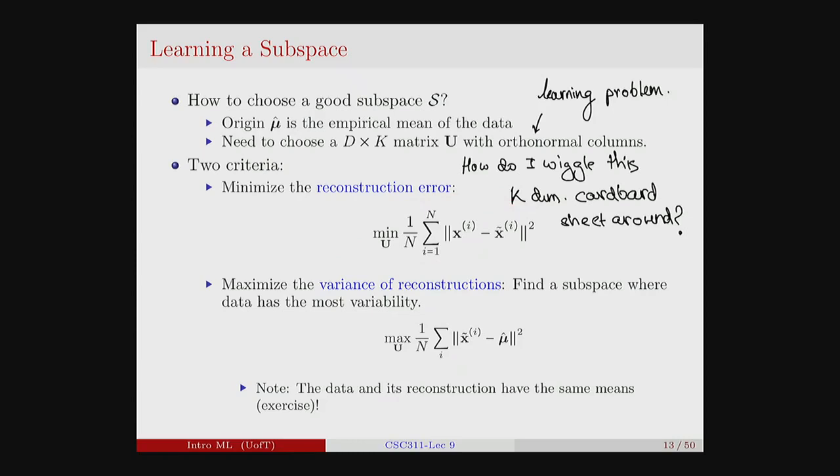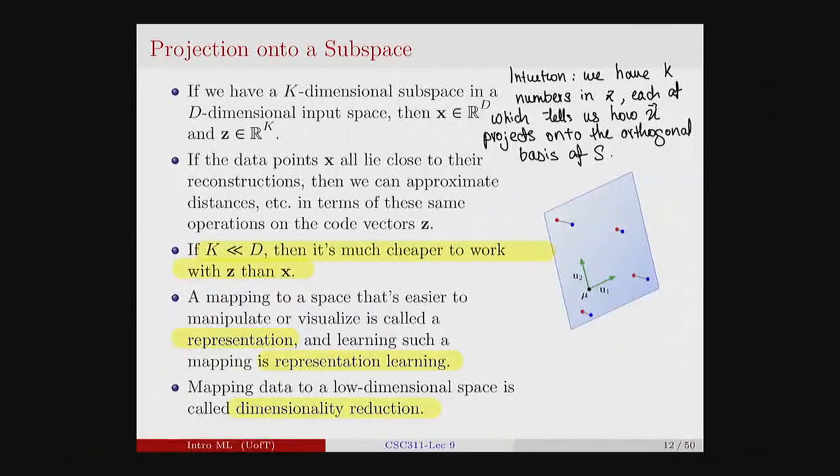Another possibility, from the perspective of maximizing information content preserved, might be to maximize the variance of the reconstructions. So going back to this plot, each of these blue points are now data that lie on some subspace. For these data, we can ask, what is the variance of this data? Because remember, we know that projecting onto a lower dimensional space is a lossy transformation.